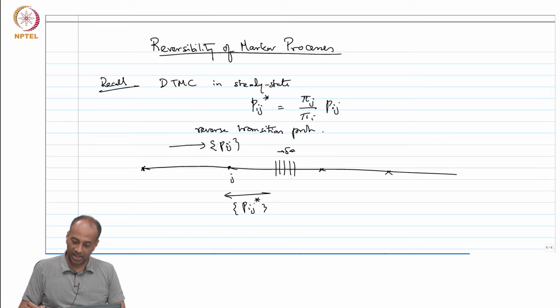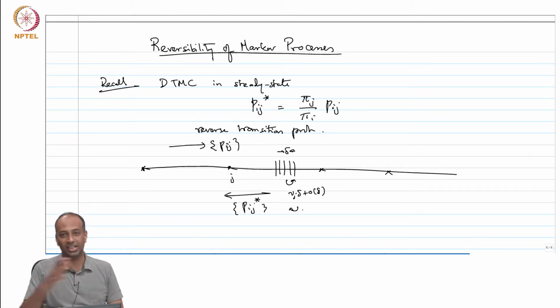So the probability that you leave state j from this slot to this slot will be nu j delta plus little o of delta, in forward time. Even in reverse time it is true, since it is after all an exponential random variable: the probability of making a transition out of j in reverse time is also nu j delta plus little o of delta.